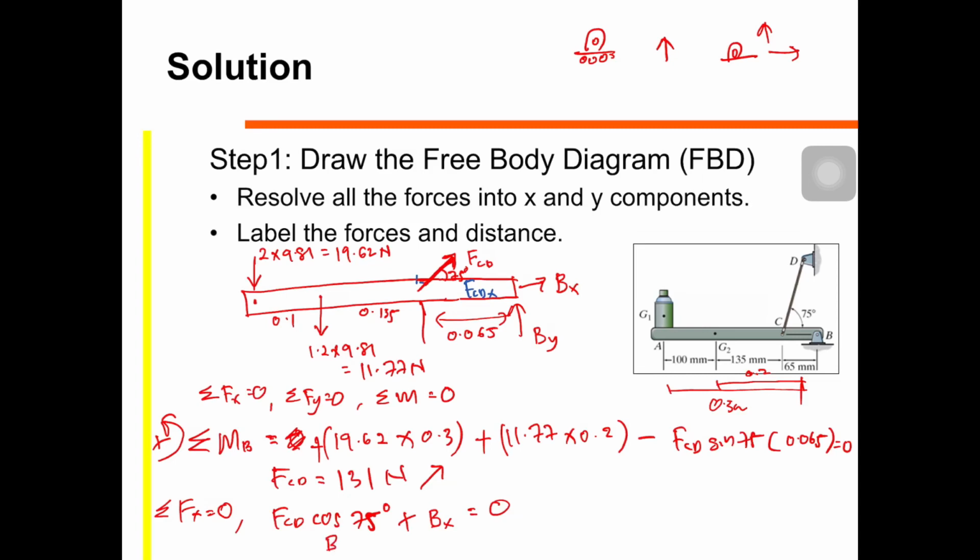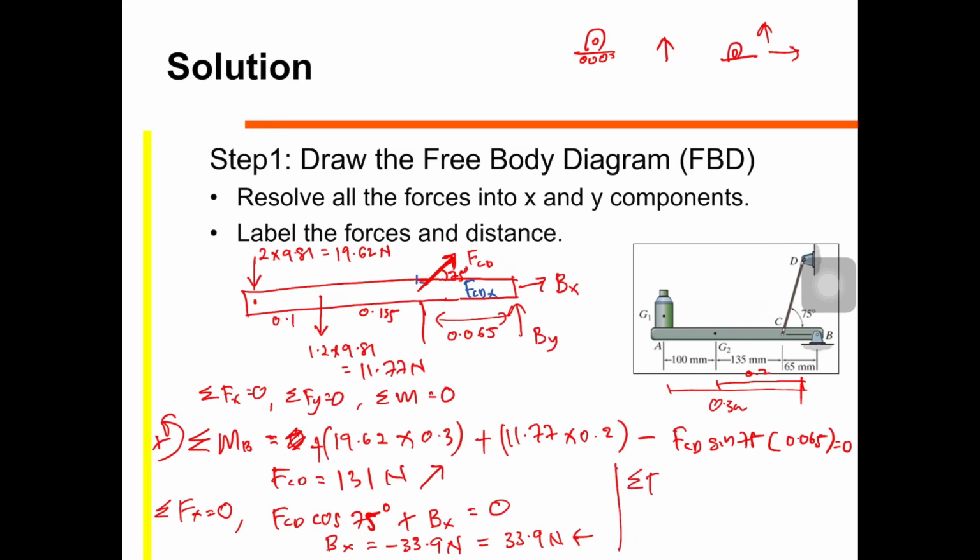So FCD is 131, so BX equals 131 times cos 75, you got the answer 33.9. This one is minus 33.9 Newton. Minus means your assumption here is wrong, so the correct answer you should write as 33.9 Newton this way.